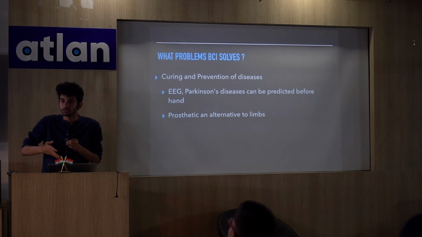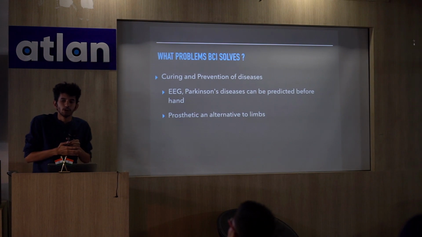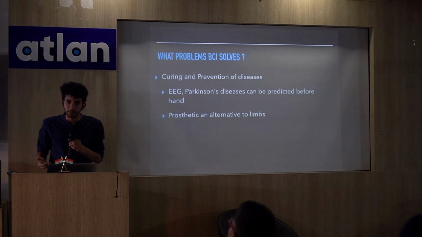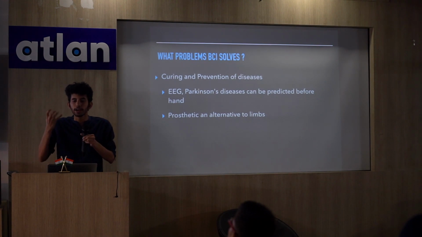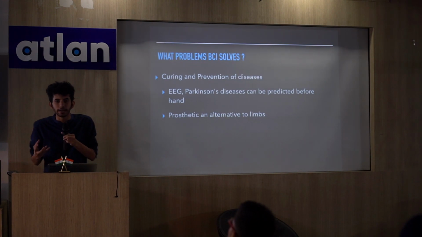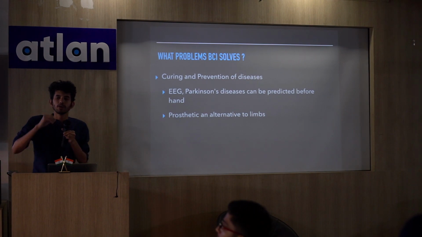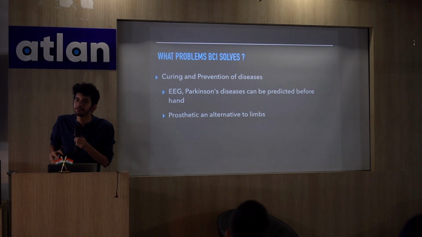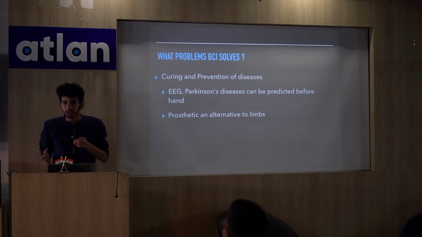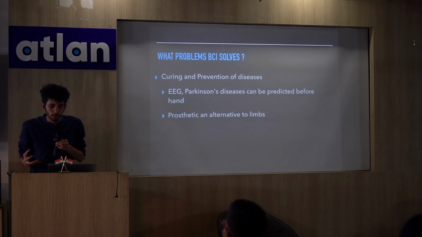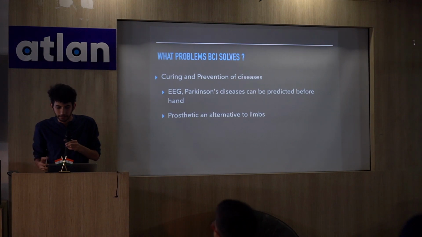But a person who does not have a limb, who might not have been born with it or lost it in some incident, passes that signal, but nothing moves. So if you're able to encode that in a prosthetic arm, so that when you receive a particular type of signal it means go up, move a finger, come down, whatever you need to do, that's how you are able to imitate that.